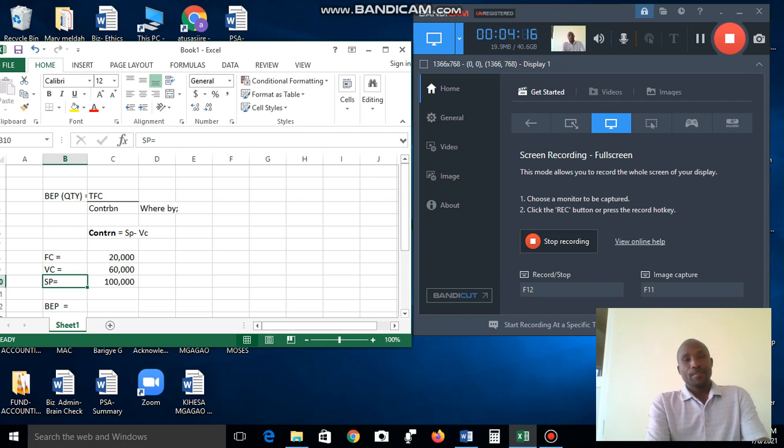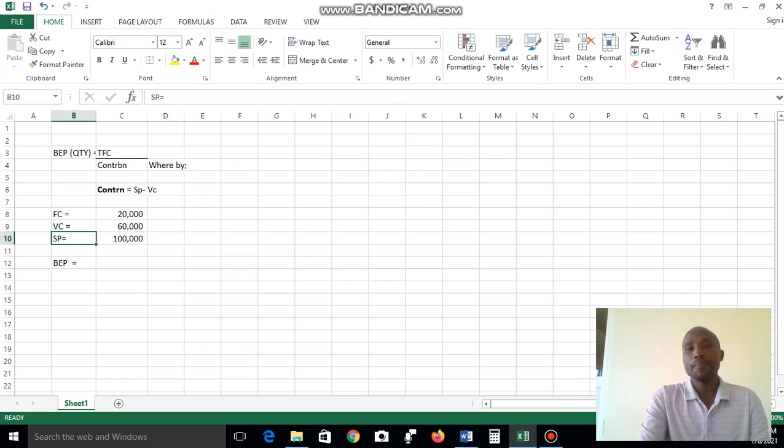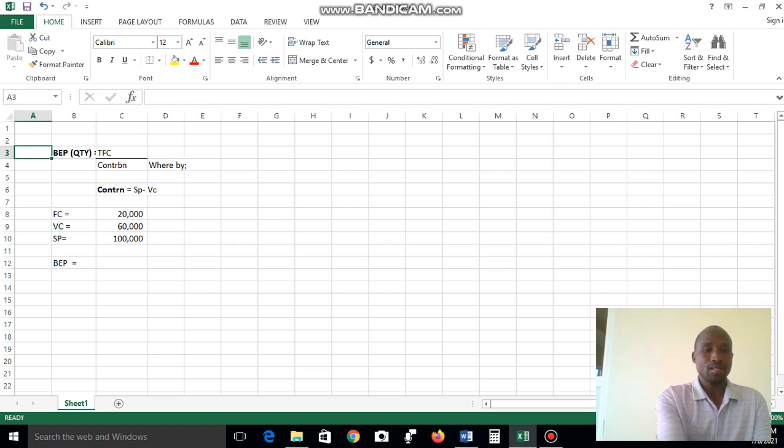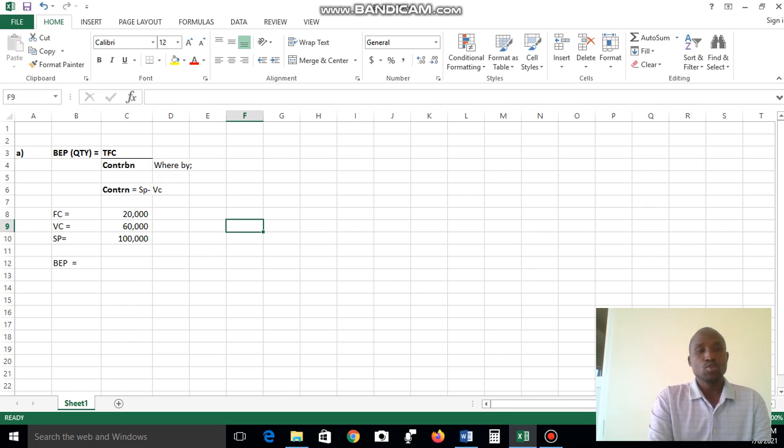Now, part A of the question asks for the break-even point in quantities. So the break-even point in quantity is equal to total fixed cost over the contribution.